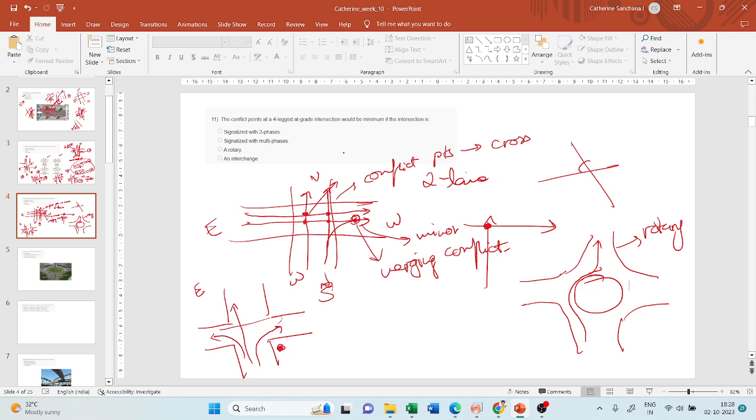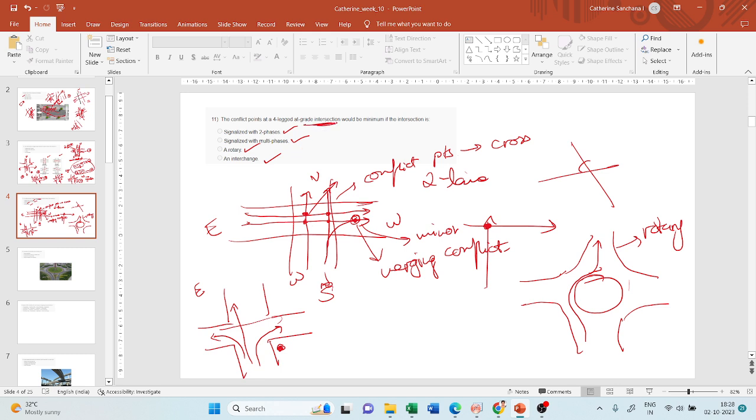Okay, so what are the options that you see for this problem? You have a signalized intersection with two phases, signalized with multi-phases, rotary, or an interchange. An interchange can also reduce the number of conflict points. But what is the question? The question is, it has to be an at-grade intersection.